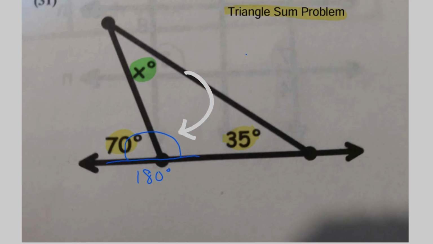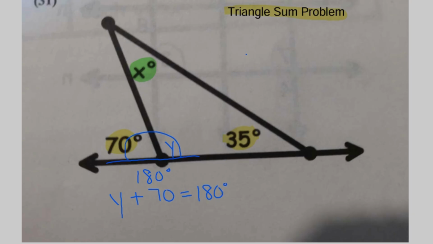Now, in this case, we're going to label this corner angle here. Let's label that y. Okay? So what we're going to do is add y to 70, and we're going to equal that to 180 degrees. Okay, so now we have to solve for y.